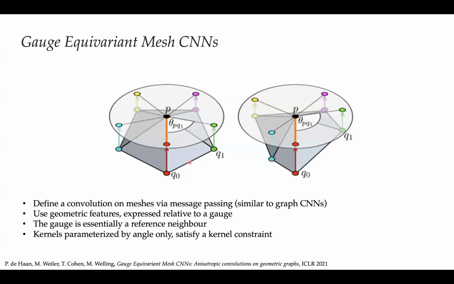Here we see a small piece of mesh, and we could, for instance, choose the red neighbor as our reference neighbor, and provided we have an orientation on the manifold, that allows us to express any other neighbor by some angle relative to the first. So we can define our kernel as a function of the angle. But of course, because the reference neighbor is arbitrary, we need some kind of gauge equivariance constraint to make sure that we don't get arbitrary results.